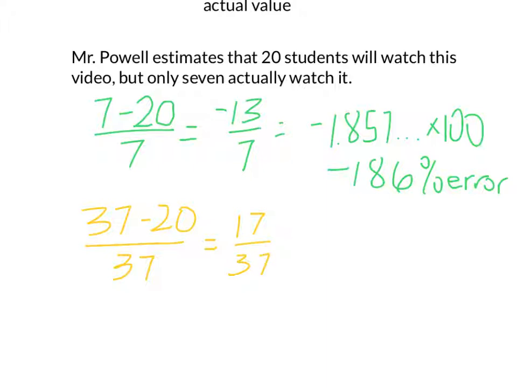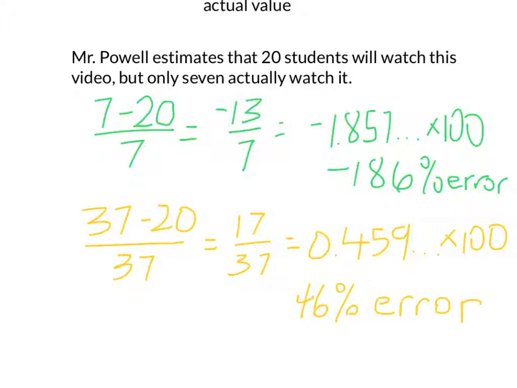That equals a positive 0.459, and it goes on from there, and then I multiply that by 100 to turn it into a percent, and if I round to the nearest percent, that's 46% error. And the fact that it is a positive means that the actual number was greater than the estimate.